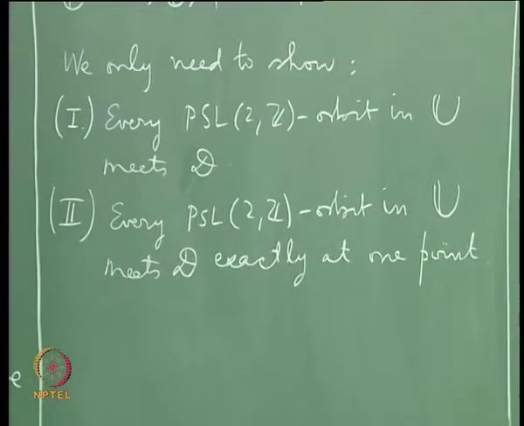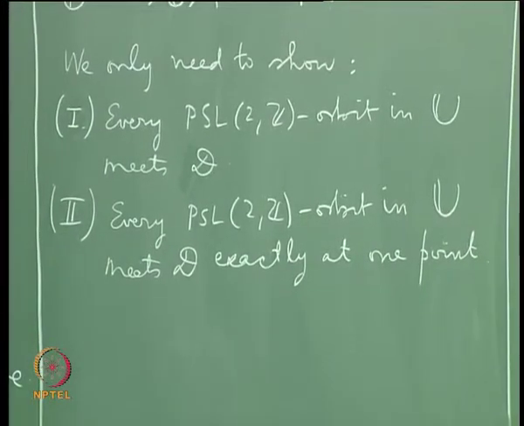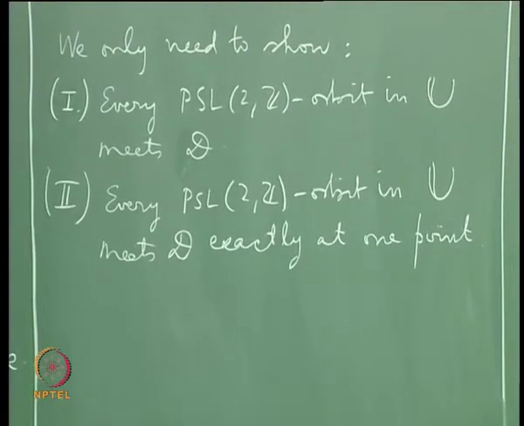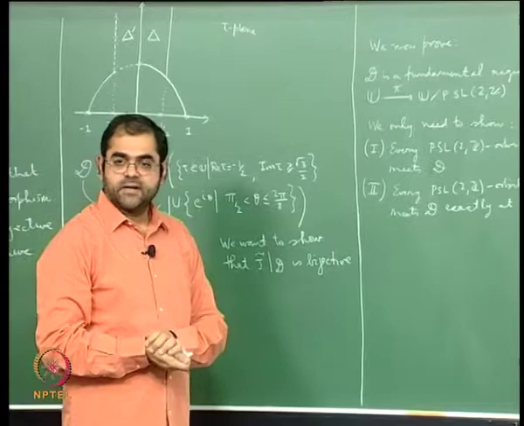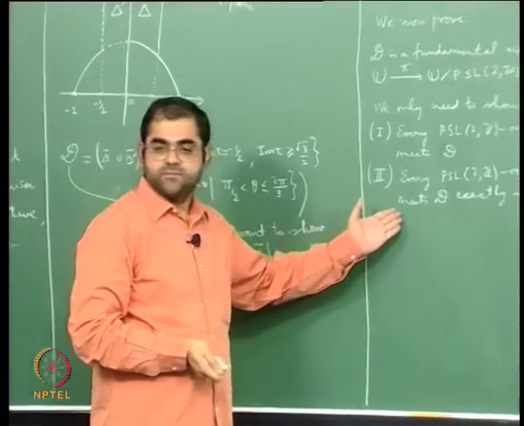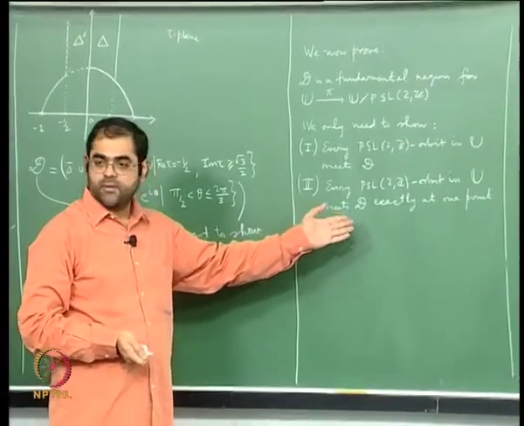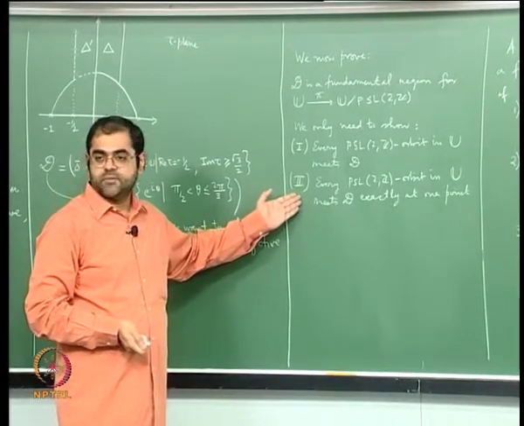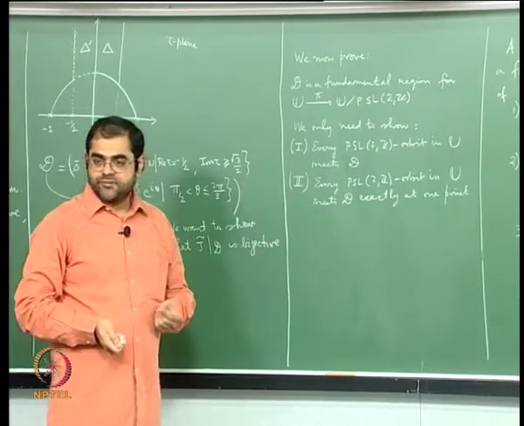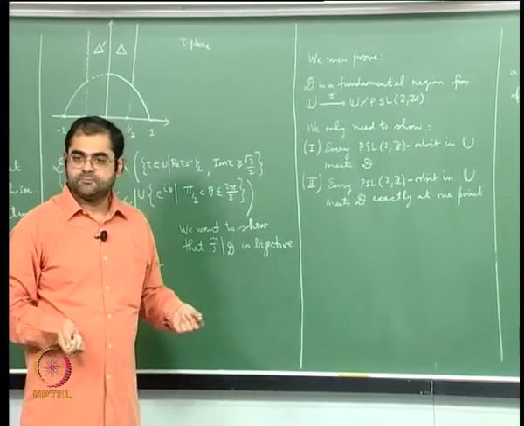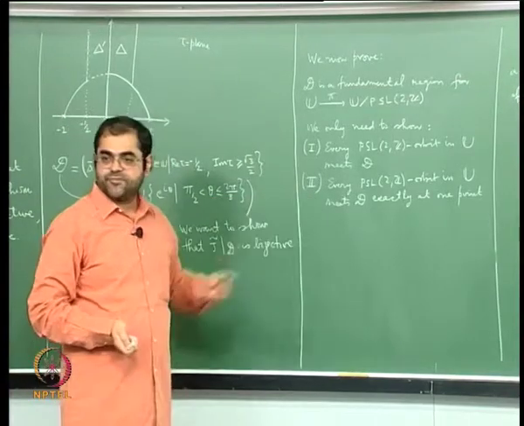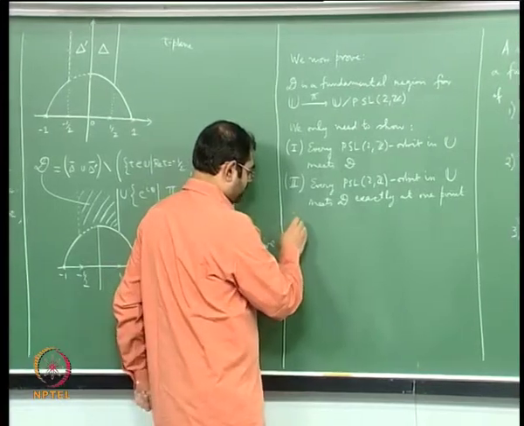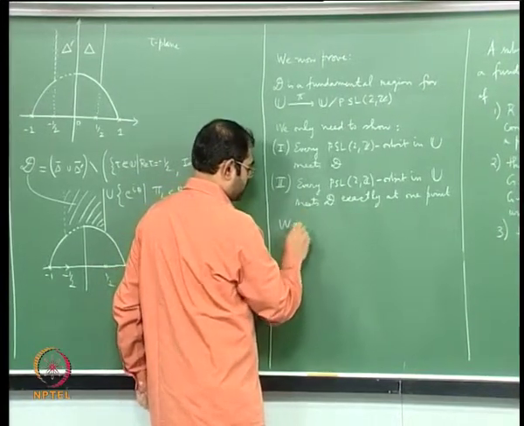Of course 2, the way I have stated it, is stronger than 1. If I say every PSL2Z orbit in U meets D exactly at one point, it also means that it does meet D at one point. But essentially, to prove 2, what I will essentially prove is that if the orbit has 2 points in D, then I will show the 2 points are equal. So this is existence, this is uniqueness. So how does one go about proving 1?